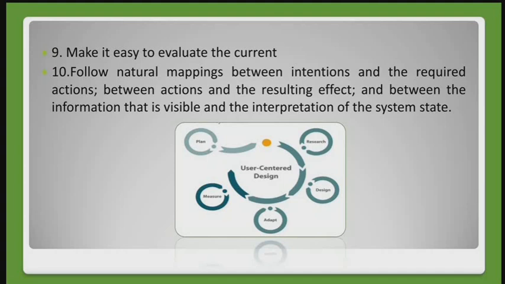So it is very easy to evaluate this, and follow the natural mappings between the intentions and required actions, between the actions and the resulting effect, between the information that is visible and the interpretation of the system state.